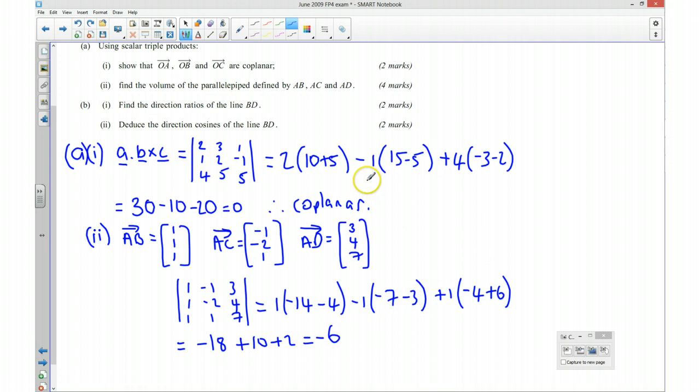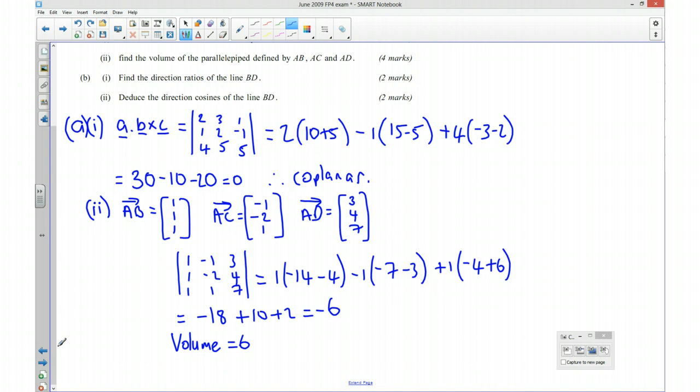Now we need to be careful here because it's asking us to find the volume of the parallelepiped defined by AB, AC and AD, and because we've got a negative 6, we need to make sure that we say what our volume is, and our volume can't be a negative number, so we would have to say that our volume is going to be 6 units cubed.